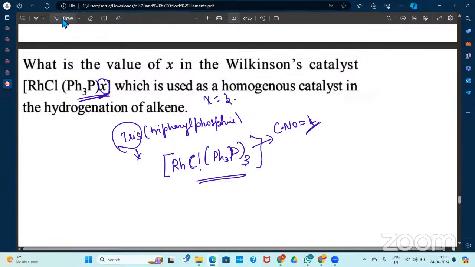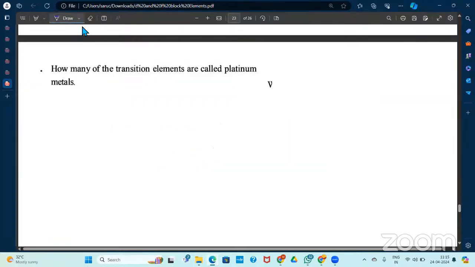Fine. So, how many of the transition metals are called platinum metals? What are platinum metals?